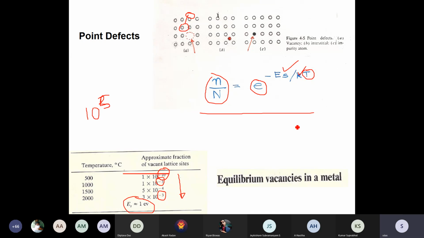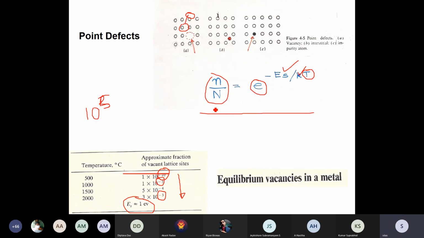In engineering or science, there are two important functions. One is the linear function, the other one is the exponential function. Any rate process, any transformation, is a linear function of time. However, that is an exponential function of temperature.